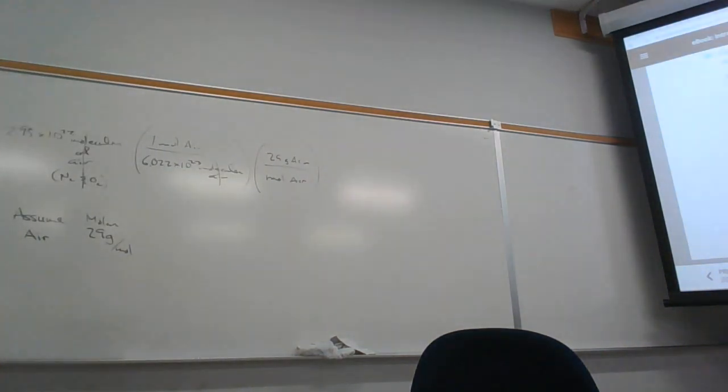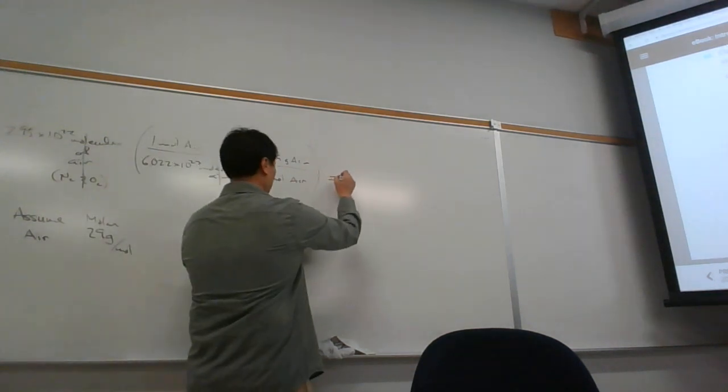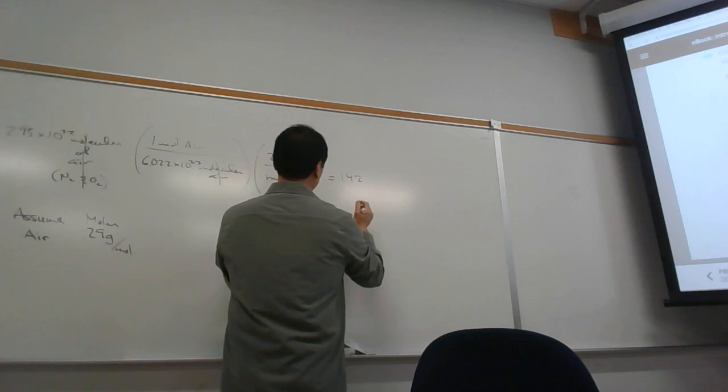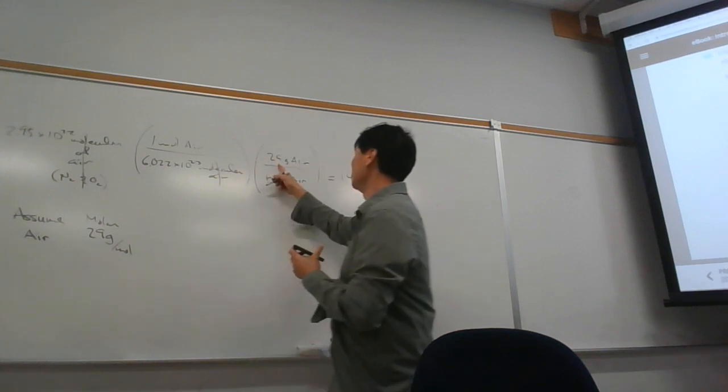And so let's see what that comes out to. So I'm going to go 2.95 times 10 to the 22nd divided by 6.022 times 10 to the 23rd times 29. That gives 1.42, and we're allowed 2 sig figs because of the 29.